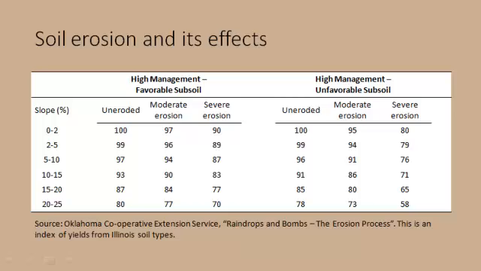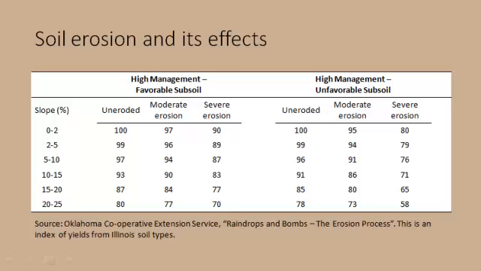And what they found is if you got 0 to 2% slopes, severe erosion, and a favorable subsoil, you have 90% of your crop production available to you. But if you have that same slope and that same erosion and an unfavorable subsoil, you only have 80% of your crop production available. And what they found is as the slopes increased, that loss of production potential was maintained.